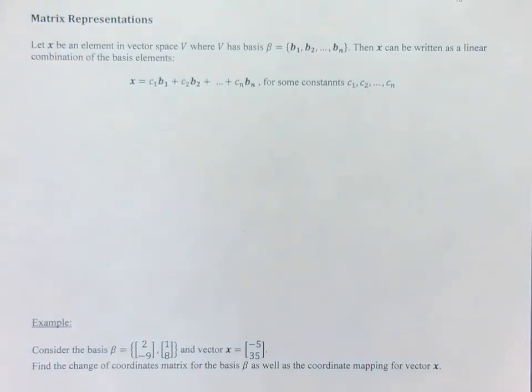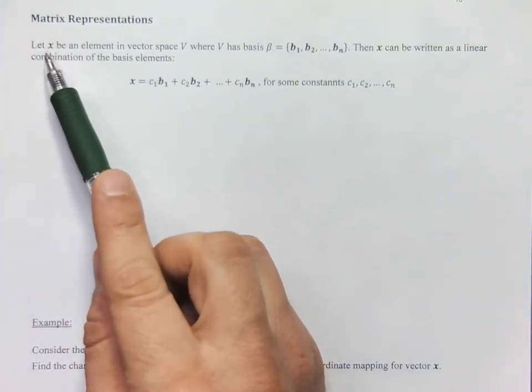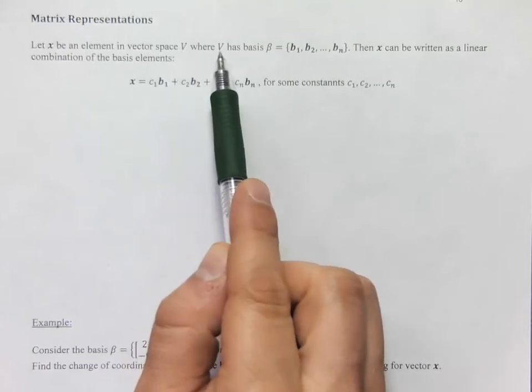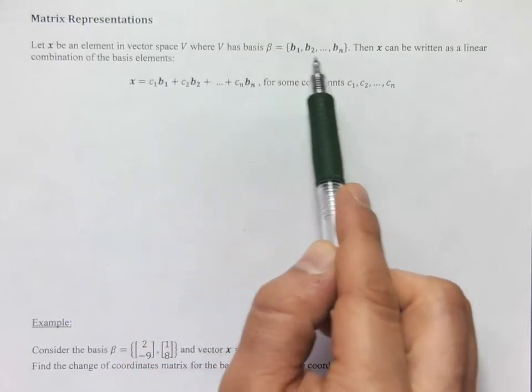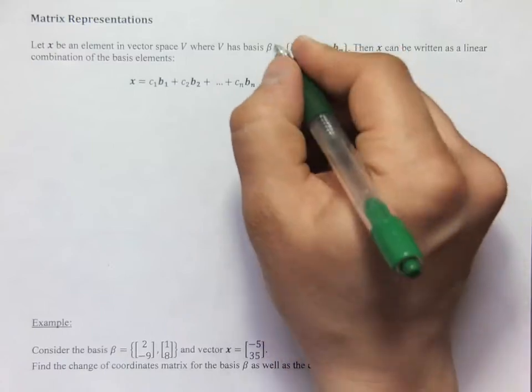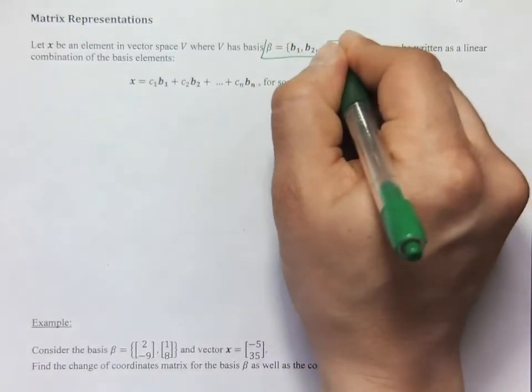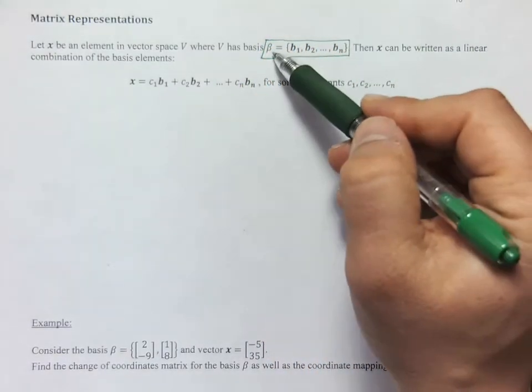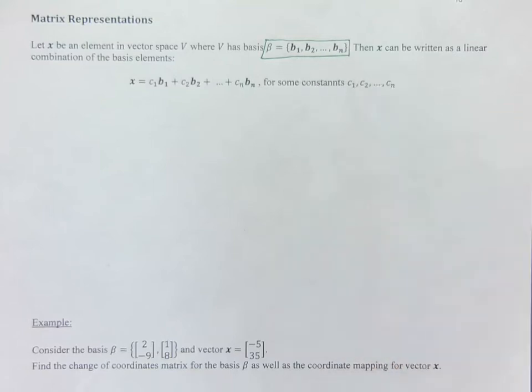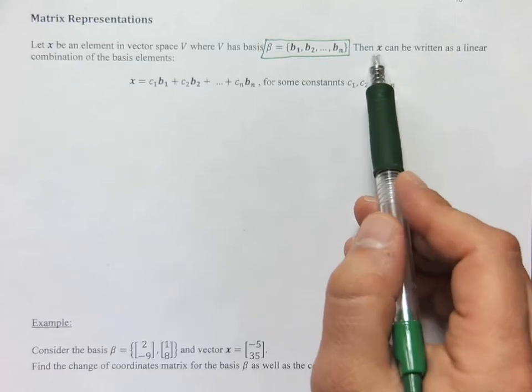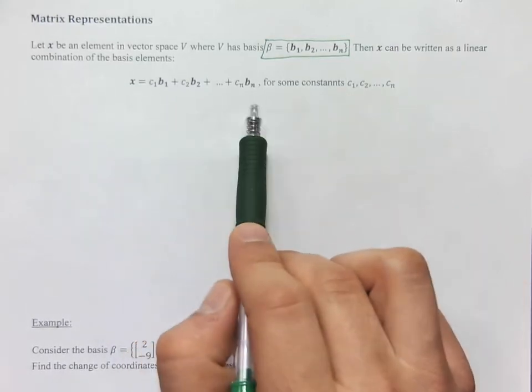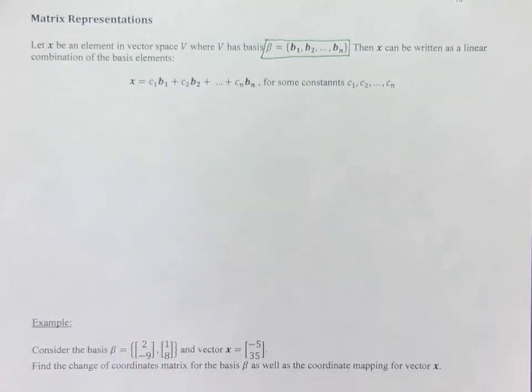So matrix representations. Let's say X is an element in the vector space V, and let's say the vector space V has the basis B1 through Bn. We're still thinking about the basis as being labeled with a beta, and it consists of a bunch of B elements. Then we know that that vector can be written as a linear combination of the basis elements. That's something we've seen before.